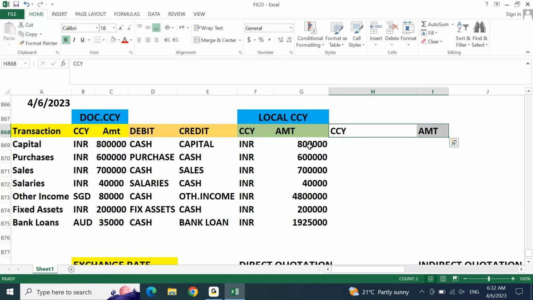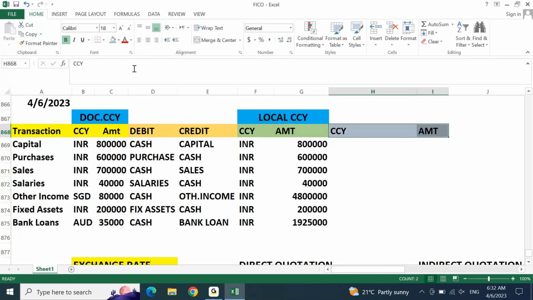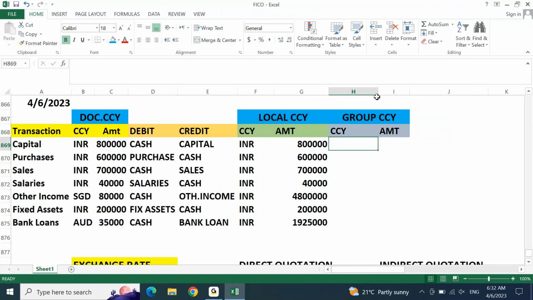Next, let us update the next currency. What is the next currency we have? Group currency. What is your group currency? Is this fixed? It is fixed, USD. Group currency is fixed dollar every time.